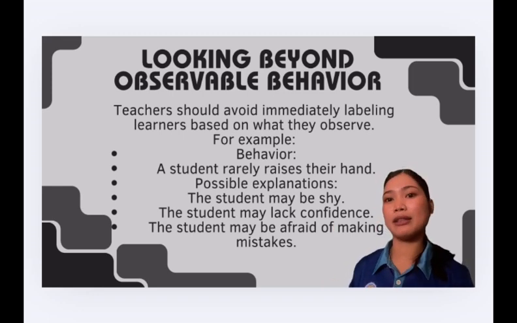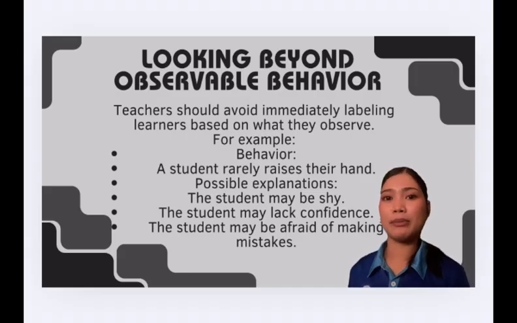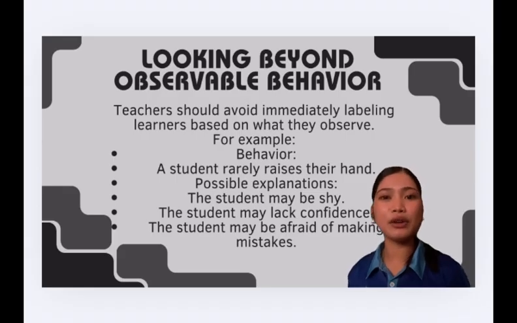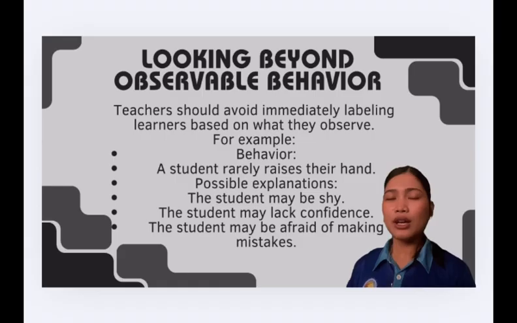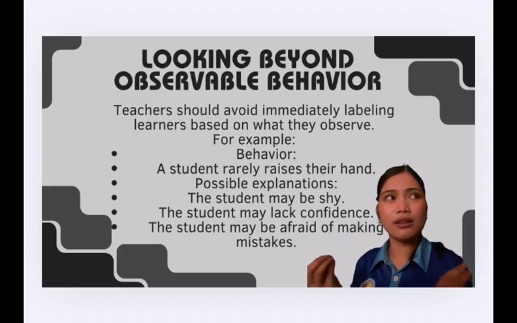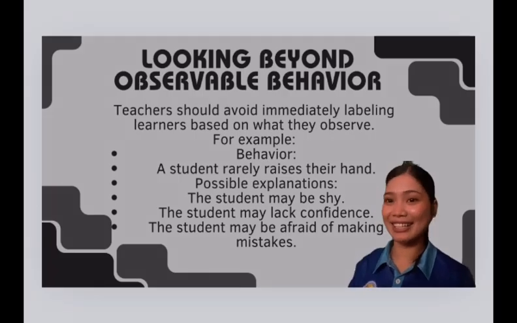That learner may not have understood the instructions, may be experiencing difficulty with the task, or may lack motivation. So instead of asking only, what is wrong with this learner? Teachers should ask, what might be influencing this behavior? And what does this learner need?